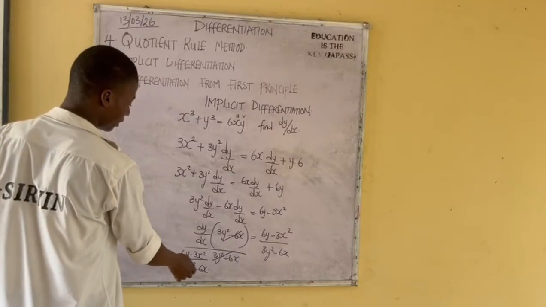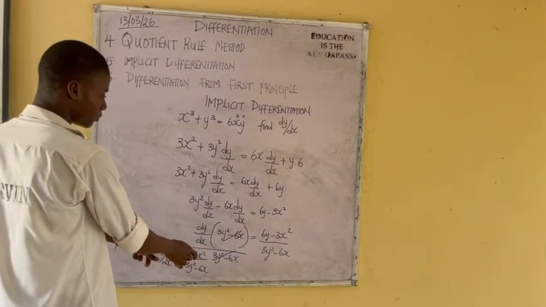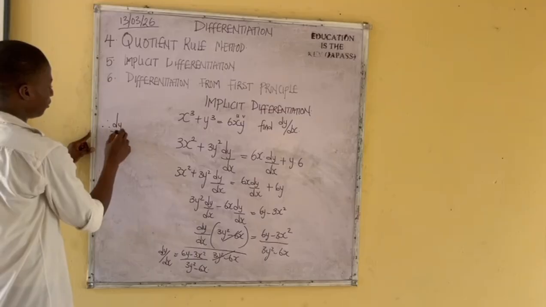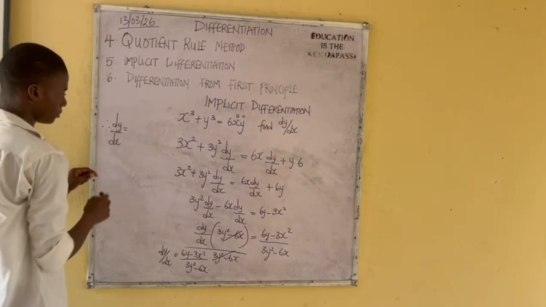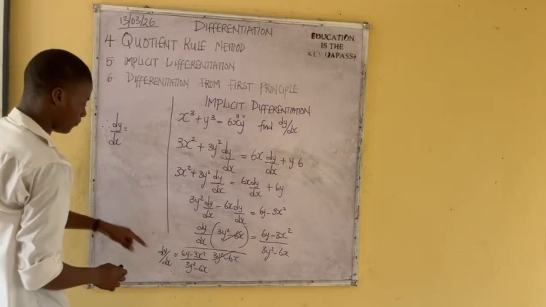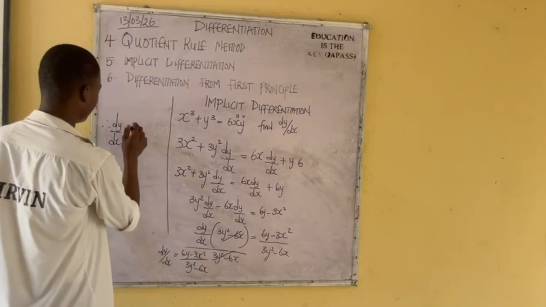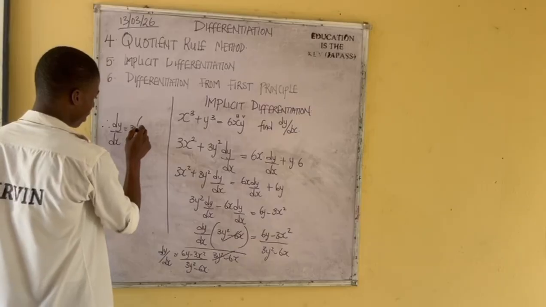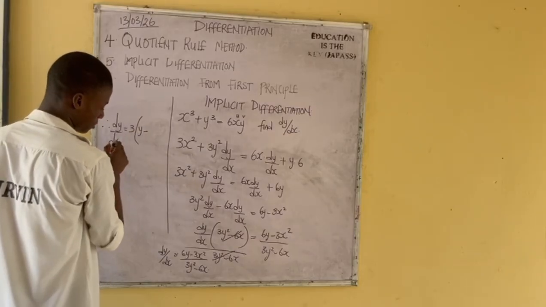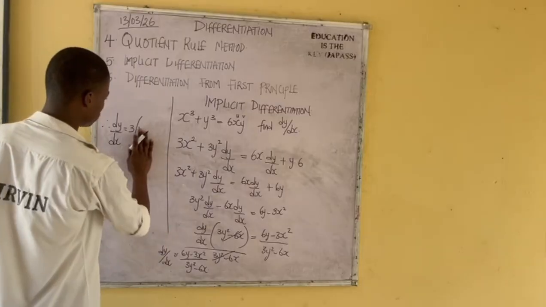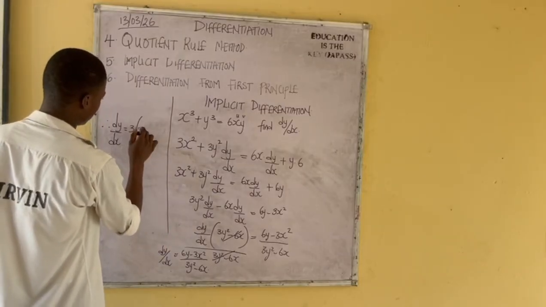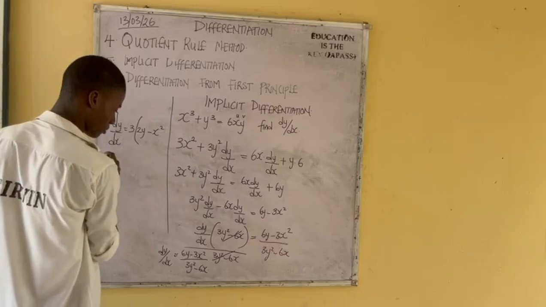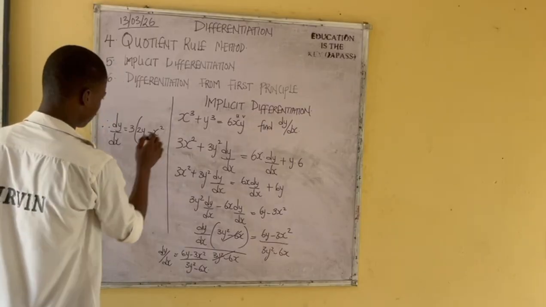Since 3 is a factor of 3 and 6, and that is applicable to the numerator, I can say, therefore, dy over dx equals: if I bring 3 outside in the numerator, I'll have 2y minus x squared.